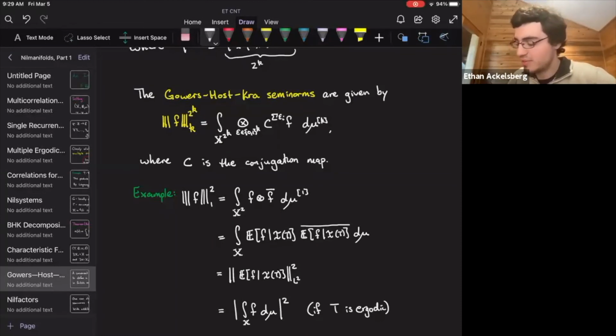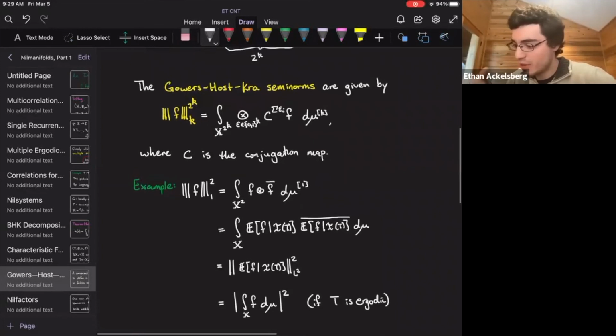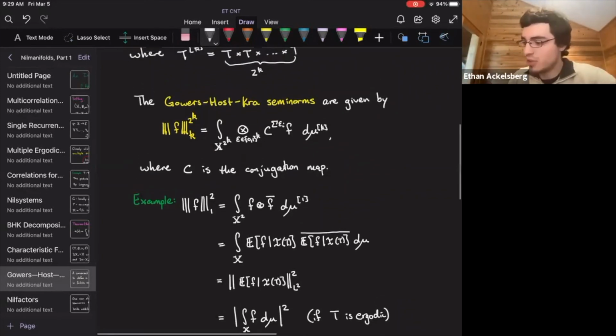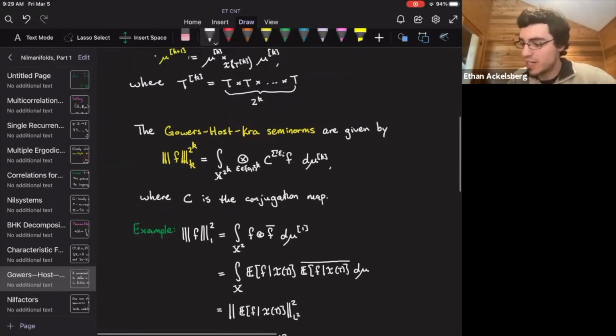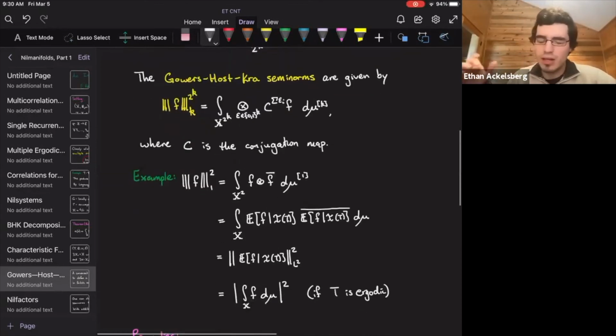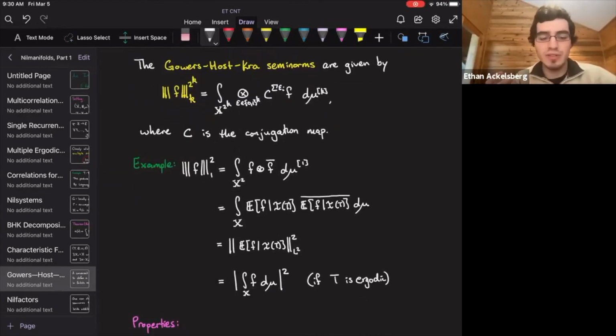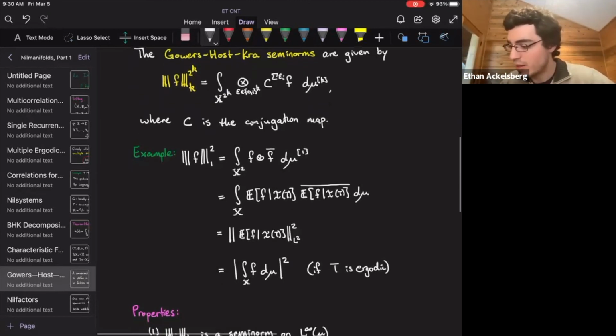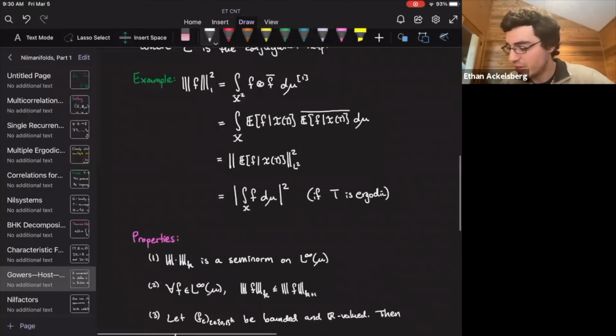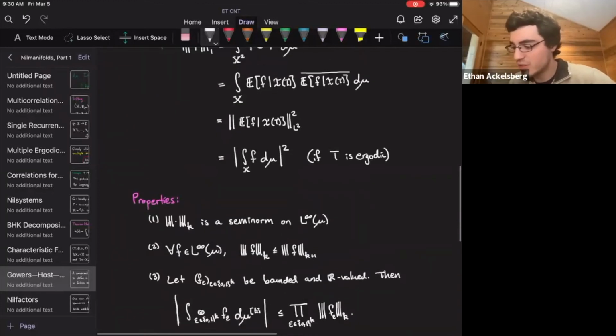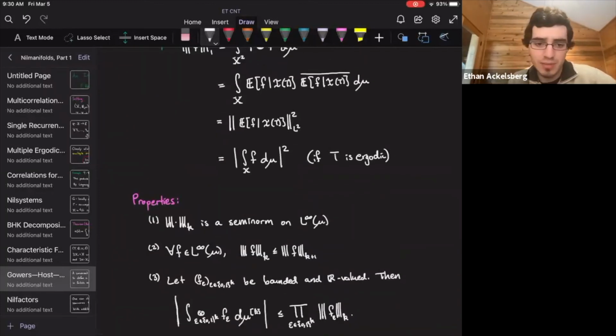So maybe I should have gone to the next seminorm, but if you go to the next seminorm, this is going to be looking at the invariant sigma algebra for T cross T, which is closely related to the Kronecker factor. And so the second seminorm is detecting this Kronecker factor behavior, or these sort of linear correlations. The key properties that we might care about, there may be some others: these are seminorms.